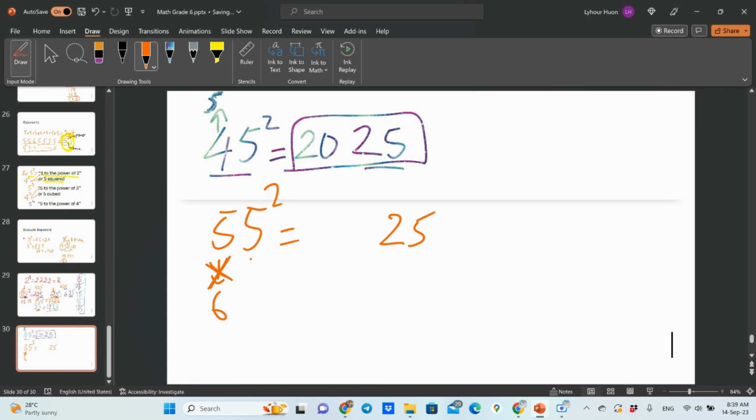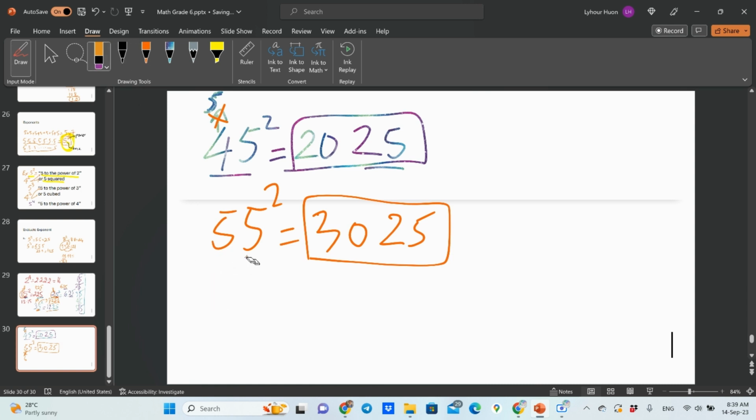If it's 5, multiplied by 6; if it's 4, multiplied by 5; if it's 3, multiplied by 4, something like this. So for this case, 5 multiplied by 6 is 30. Yes, this is the result. You see, it's faster, right?